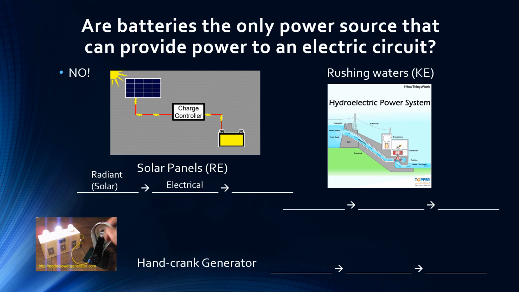Electrical energy. And then finally, that electrical energy is going to charge a battery, possibly to power a house's lights and air conditioning at nighttime when the sun is gone. And what kind of energy is inside of a battery? Chemical energy.